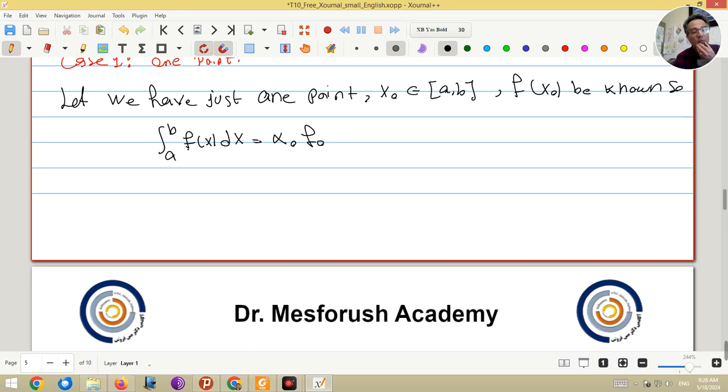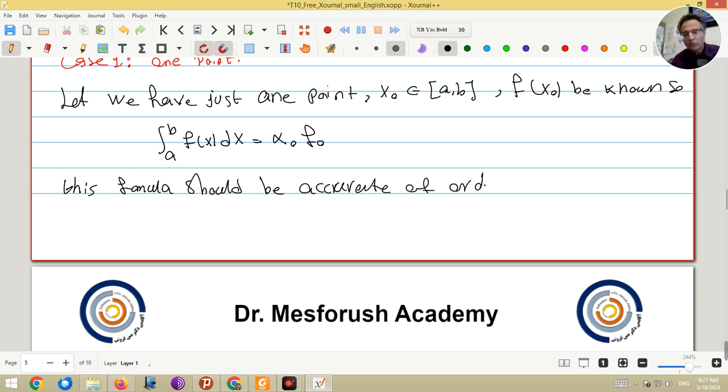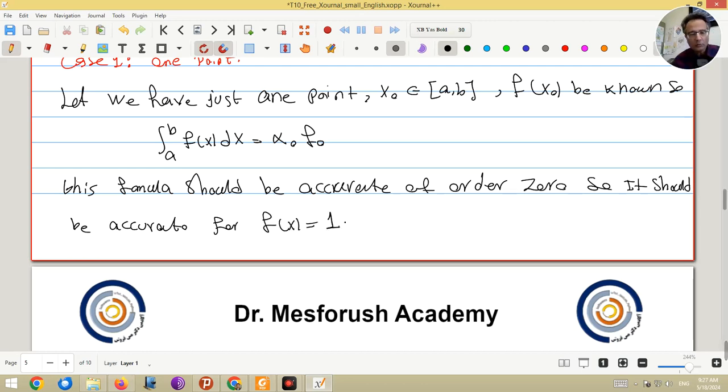So this formula should be accurate for the polynomial of order 0, so it should be accurate for f of x equal to 1.